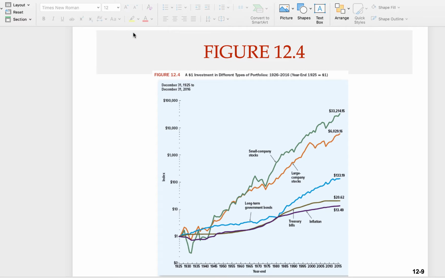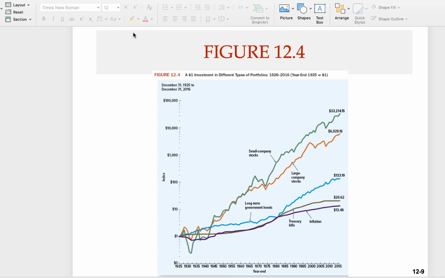What we have here is a list of stocks. We're looking at the nominal pre-tax rates of return for large cap stocks, small cap stocks, and long-term government bonds.